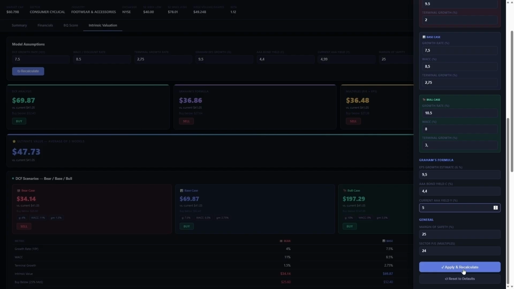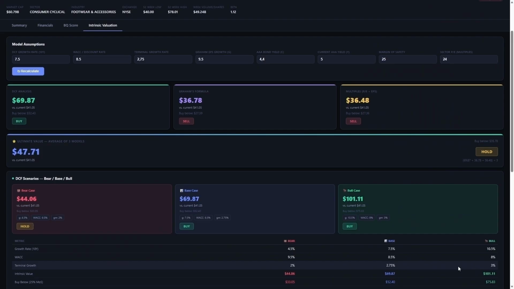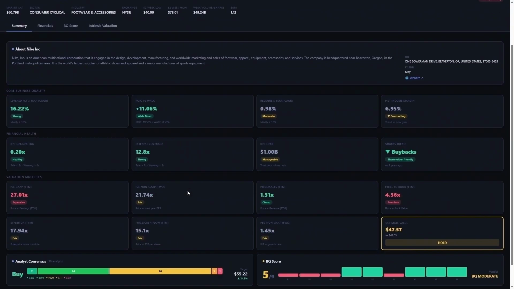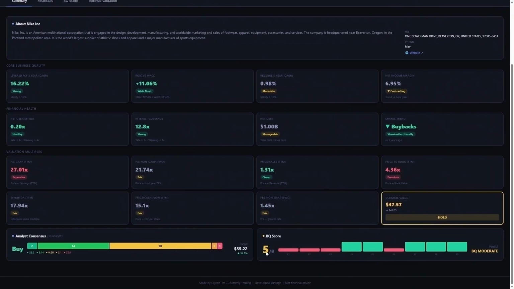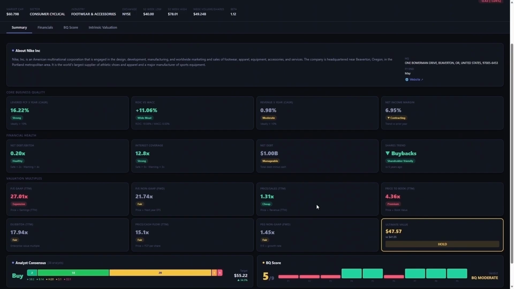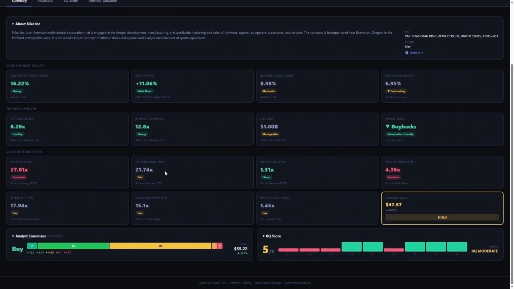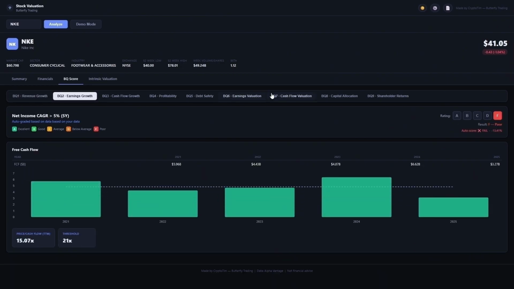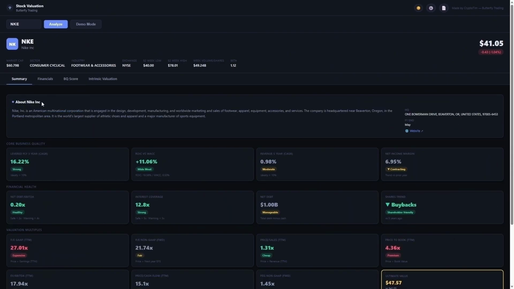You just click apply and recalculate, or if you just want to get it back to the basic, you click reset to default. So let me apply all of this. You can see the bull case here changed. It will change our BQ score. Maybe in the summary it's still scoring the 5 out of 9, so that number hasn't changed. But the individual numbers can potentially have changed a little bit.